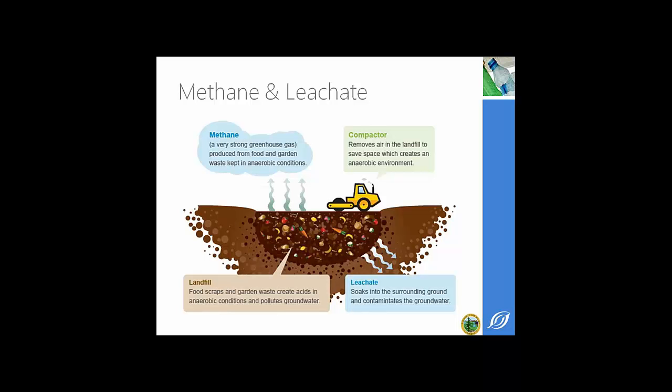The key issues associated with landfills are two: methane and leachate. Methane is contamination to our air, and leachate is contamination to the groundwater. What happens is when materials go into a landfill, predominantly organic like food items, and then it's covered, it goes into an anaerobic state, where it's deprived of air, and the materials start to break down.